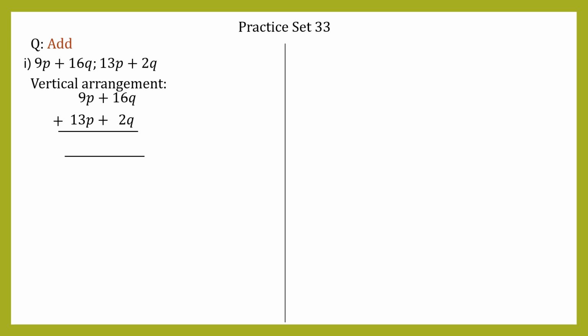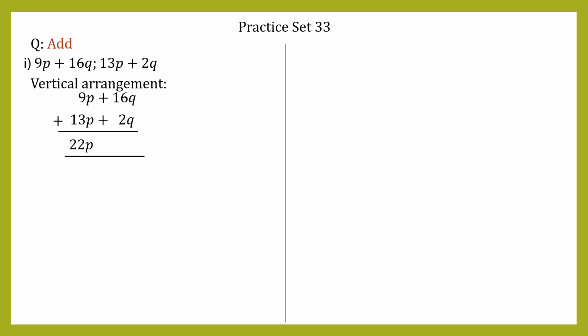Now let's start addition. 9p plus 13p. We can see both the terms have variable p, that is variable is same. So we'll be adding the coefficients only. So 9 plus 13 is 22. So answer will be 22p.